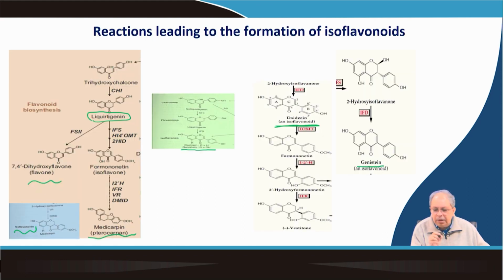So, with this, more or less, I have covered the biosynthesis of the total flavonoid group, which consists of flavanones, flavones, flavonols, isoflavonoids, isoflavones and aurone pigments. I also mentioned proanthocyanidins, which play an important role in the formation of condensed tannins.